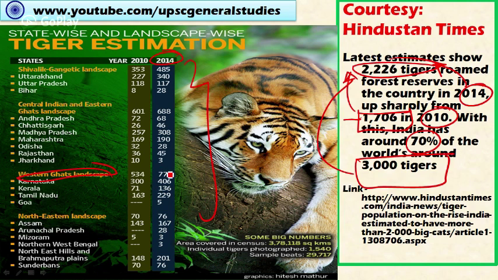They account for 778 tigers, and among the states, Karnataka accounts for the highest number of tigers in India, that is 406 tigers. And Uttarakhand, even though it is a small state, accounts for 340 tigers. Uttar Pradesh 117, Bihar 28, AP 68, Chhattisgarh 46, Madhya Pradesh 308. This is it about the tiger census.